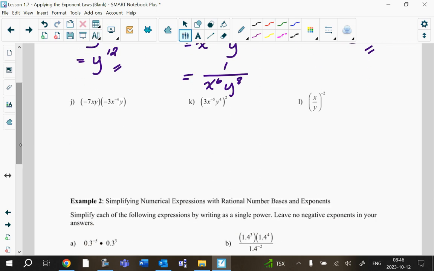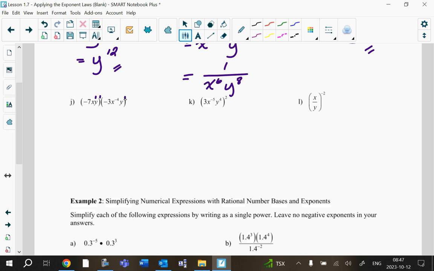Next one. Remember, if there's a variable with no exponent, always assume the exponent is 1. So this is the same as negative 7 times negative 3 times x to the 1st times x to the negative 4th times y to the 1st times y to the 1st. I just rearranged the order because I can do that when everything's getting multiplied.